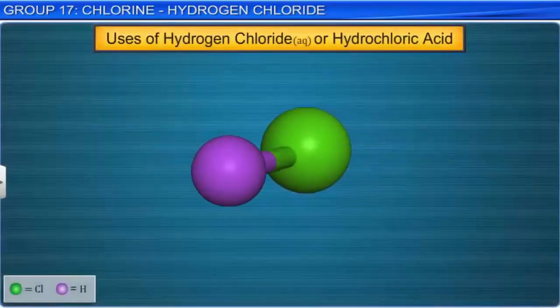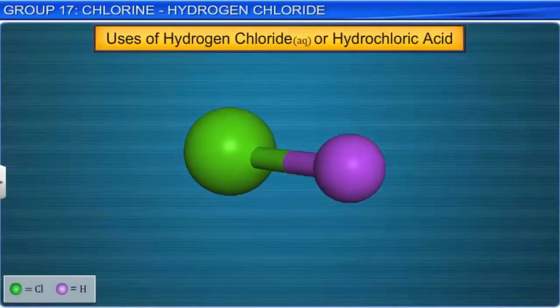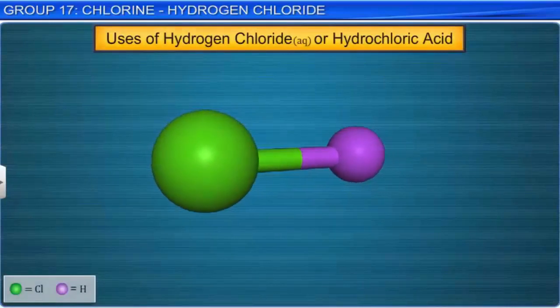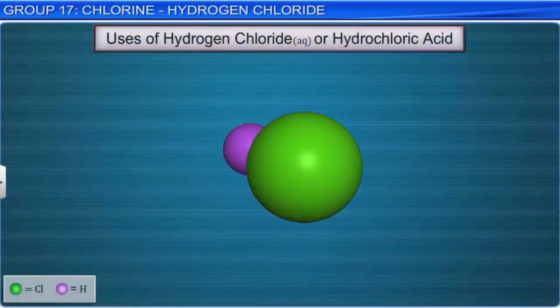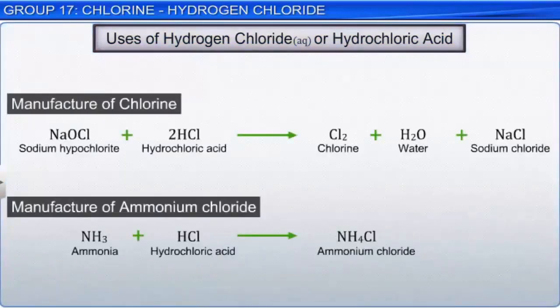Let us now look at the uses of the aqueous solution of hydrogen chloride or hydrochloric acid. It is used in the manufacture of chlorine and chlorides like ammonium chloride. It is also used in the manufacture of glucose from cornstarch.